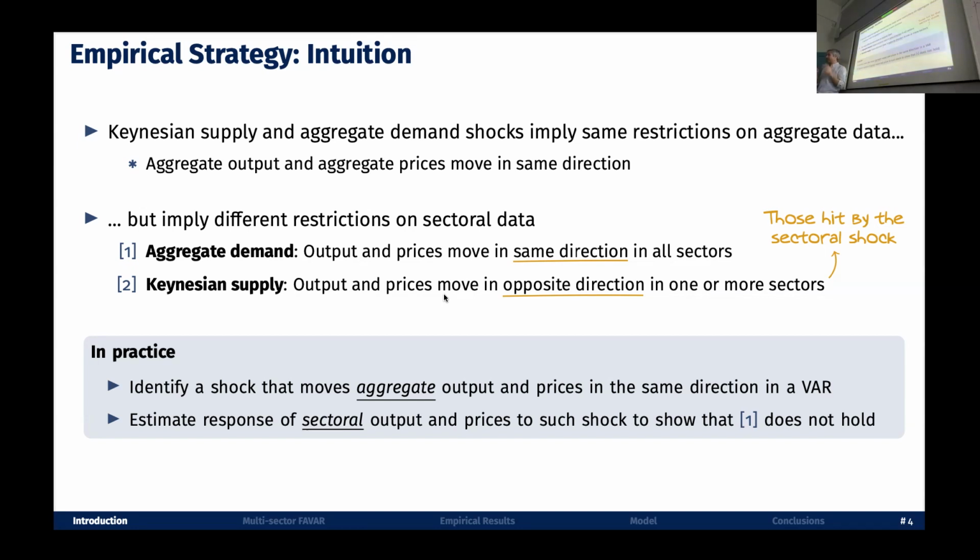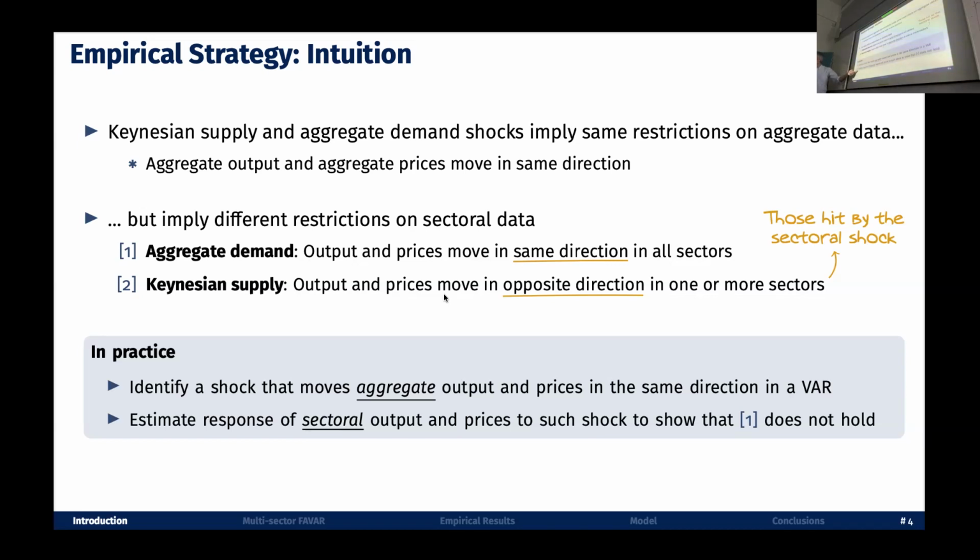So I'm going to fool myself somehow. We just agreed that starting from aggregate data is completely useless, right? Because there's no way I can separate the two. But that's exactly my purpose. So I'm going to start from aggregate data and extract a shock that moves output and prices in the same direction. Which means that if these guys exist, they will end up being inside this object here.